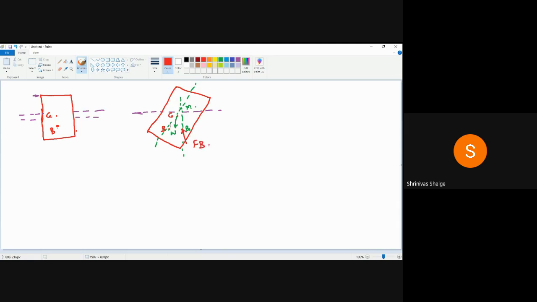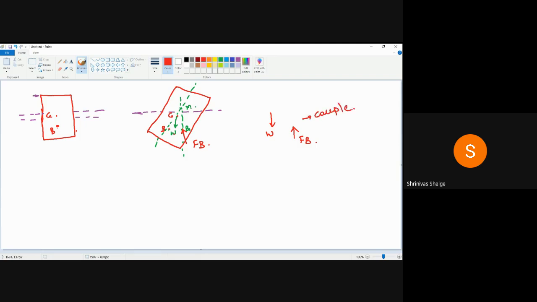Remember that the body is floating, so weight and FB are the same. These two forces are parallel and equal, so they form a couple.